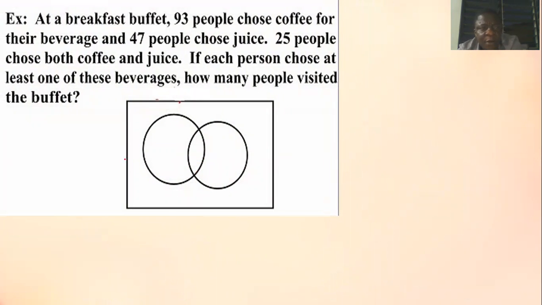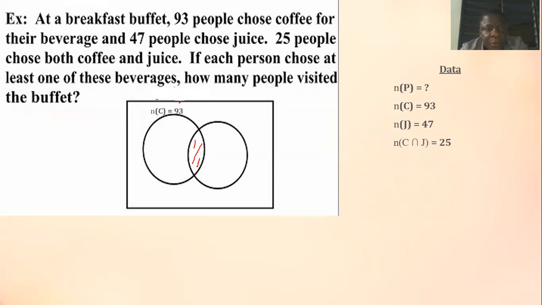In this diagram, it says that at a breakfast buffet, 93 people chose coffee for their beverage and 47 chose juice. 25 of them like both coffee and juice. So the 25 will come to this region because they like both coffee and juice.